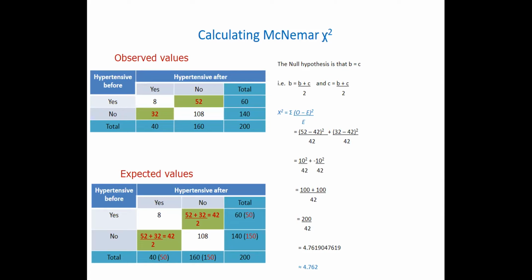Now, if the null hypothesis were true, the number that changed from hypertensive to non-hypertensive should be equal to the number that changed from non-hypertensive to hypertensive. If the null hypothesis were true, the change in both directions should be the same.